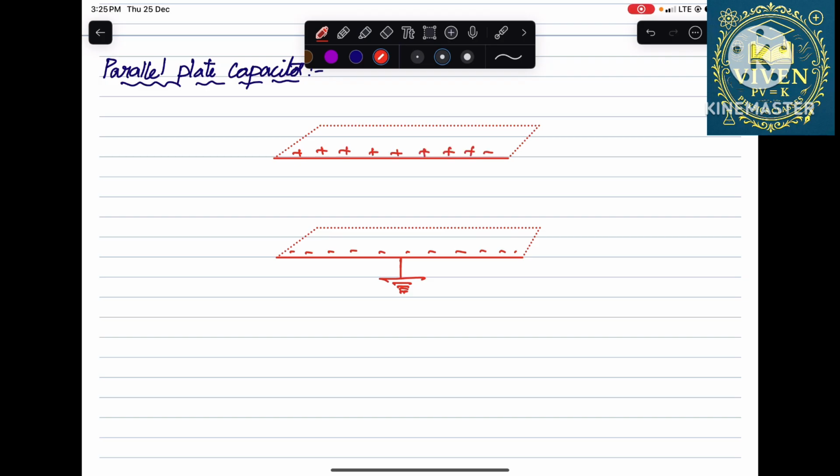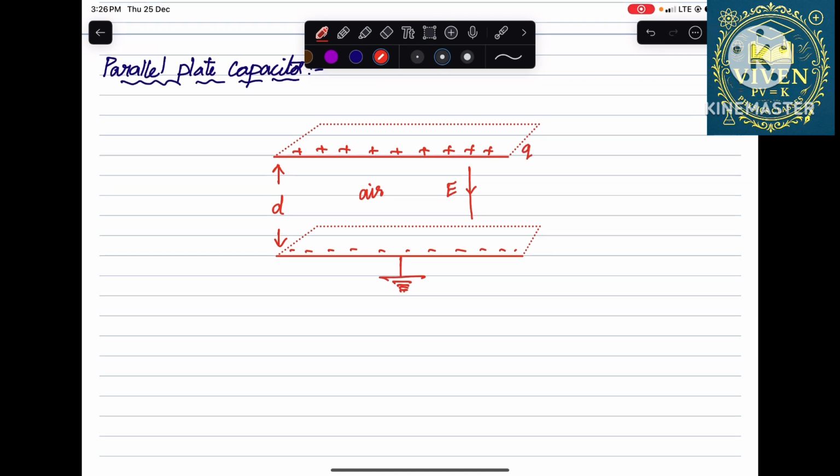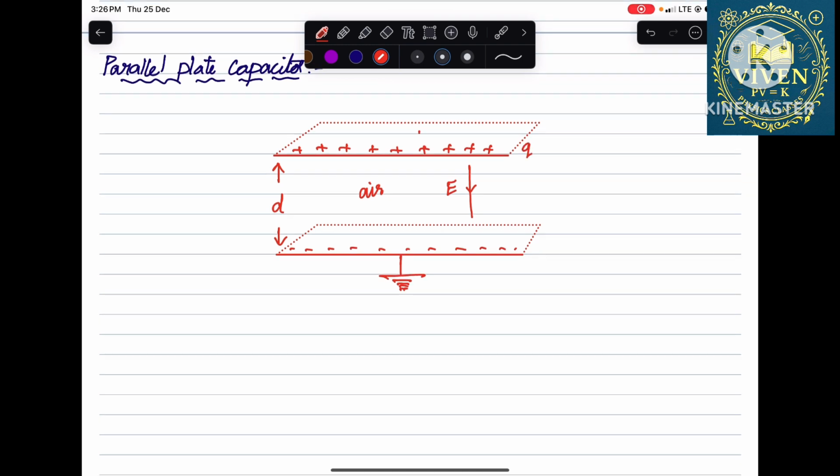The distance between the two charged plates be d, and say the electric field is flowing from positive to negative here, and the medium present between these two plates is air, and the charge present on each plate be q, and the cross-sectional area of the plate be A. So surface charge density is given by q upon A.